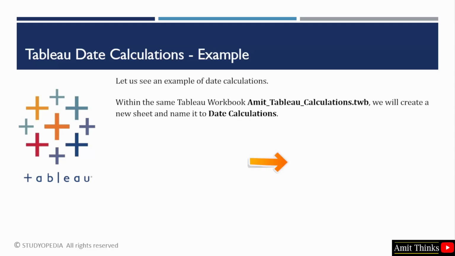Now we will see an example to implement date calculations. We already have a workbook, Amit_Tableau_calculations, and within that we will create a new sheet and name it date calculations. We already added numeric and string calculations in the same workbook, so now we will add a date calculations sheet.